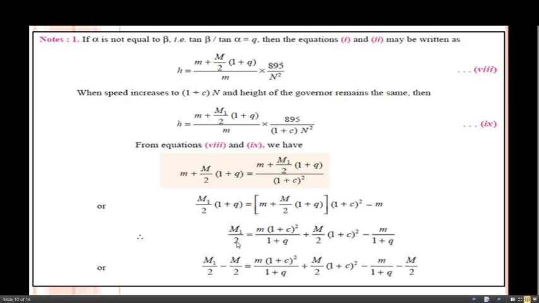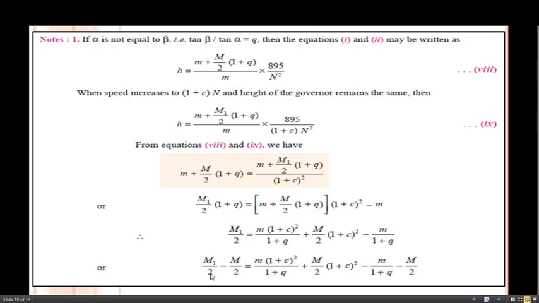So m1 by 2 here is nothing but this term, which comes towards the denominator part. So this term also goes here in the denominator. So here you can get m1 by 2; just adjust this minus m by 2 term towards the right side as well as the left side.